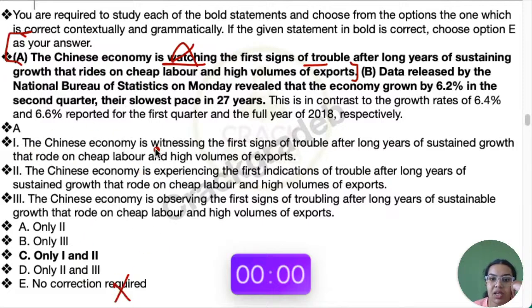The economy is witnessing and is experiencing. They themselves are going through this situation. So they are experiencing or witnessing the first signs of trouble after long years of sustained growth. Now, it is observing. When we observe something, the first thing is to carefully look after, or in fact take care of something, someone.